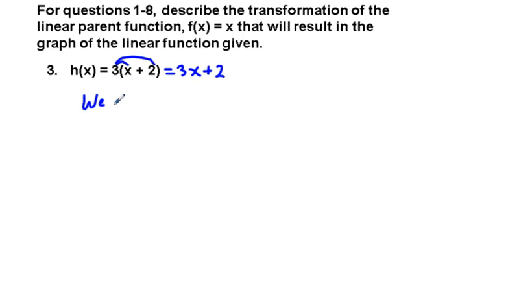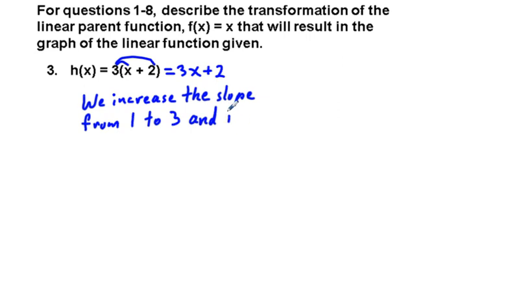We increase the slope from 1 to 3 and increase the y-intercept from, what is the y-intercept in our original y equals x function? 0.